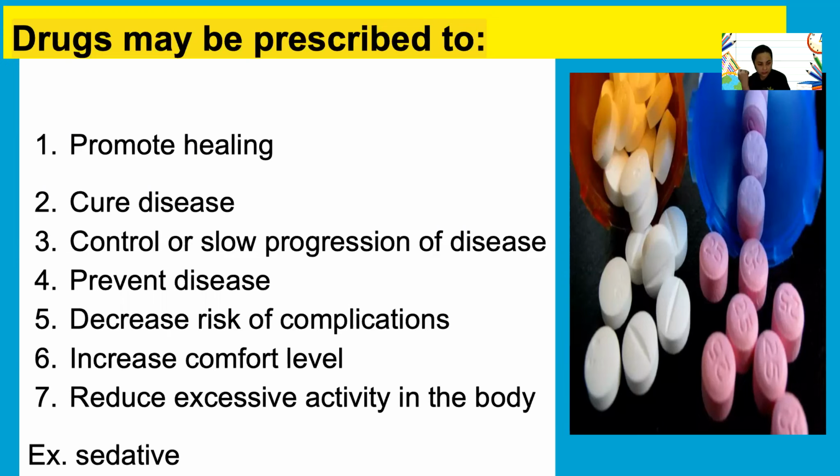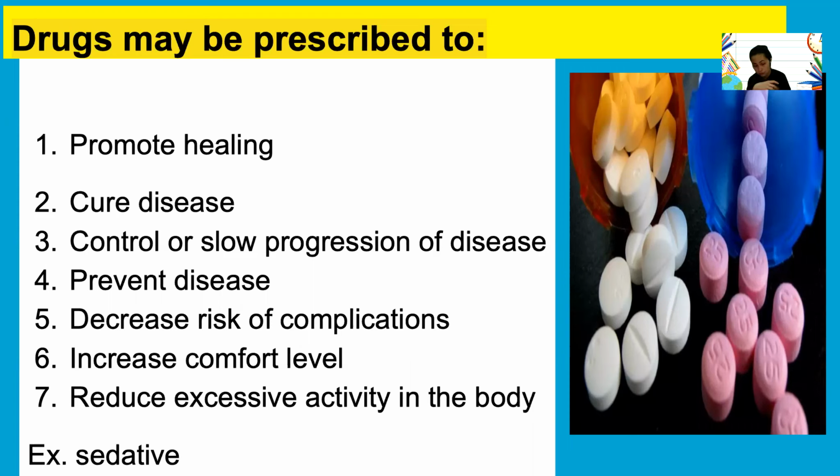Then decrease risk of complications. What are those? Those medications that we are using for hypertension. If you're using medications for hypertension, it will decrease the risk of complications in the heart and in stroke. Number 6 is increase comfort level.